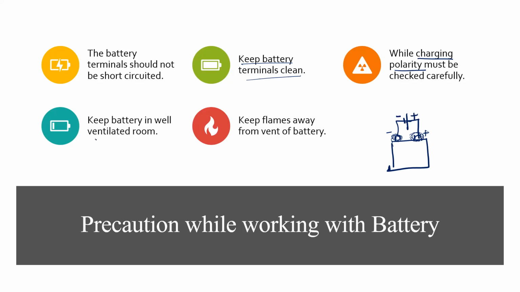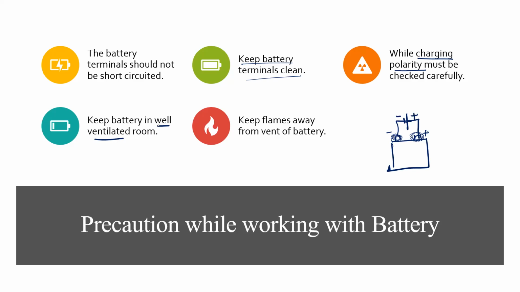Keep your battery in a well-ventilated room. In case you are using the battery for storage purpose, for example, in your solar system, okay, let's say you are using battery for your UPS inverter, then you should always keep it in a well-ventilated room.